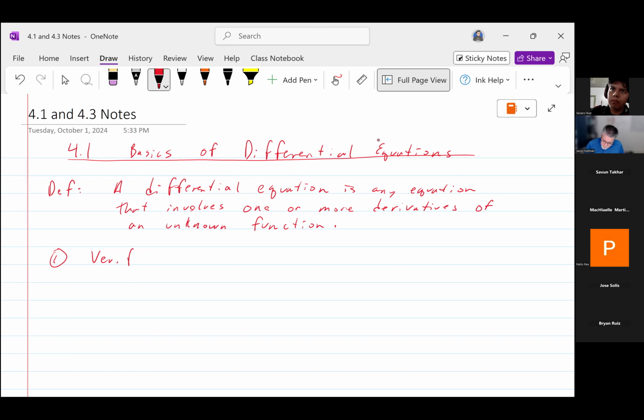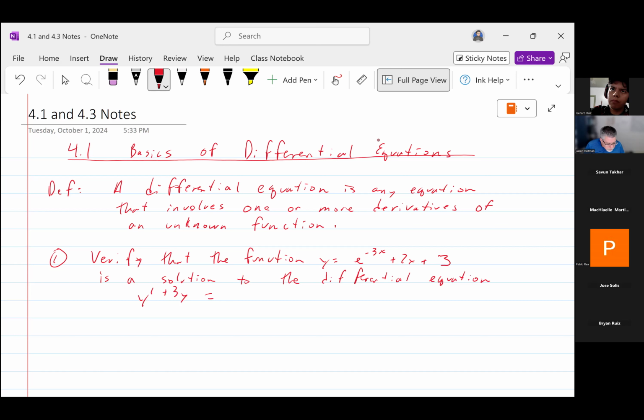Number one, verify that the function y equals e to the negative 3x plus 2x plus 3 is a solution to the differential equation y prime plus 3y equals 6x plus 11.